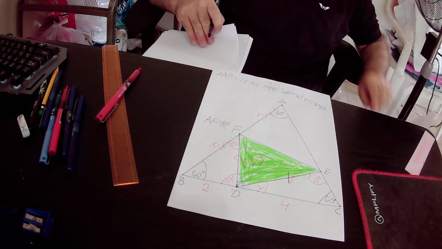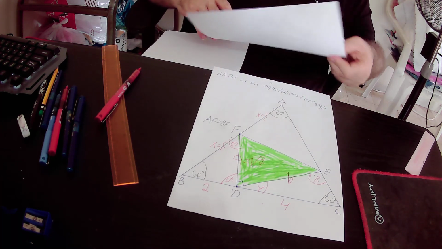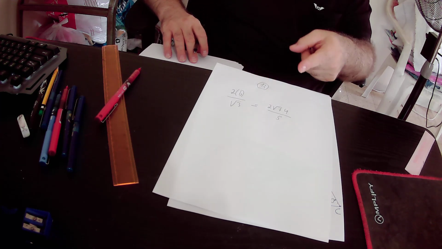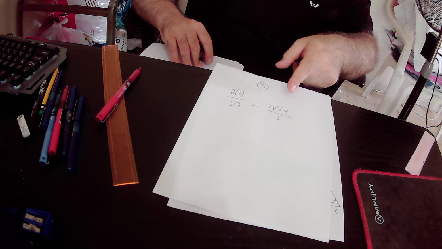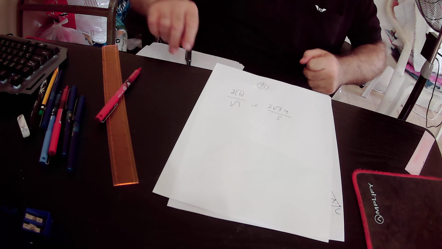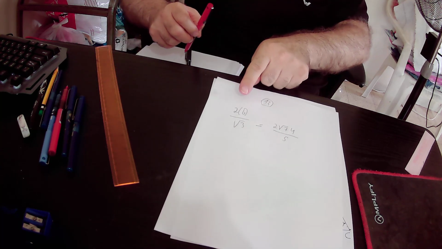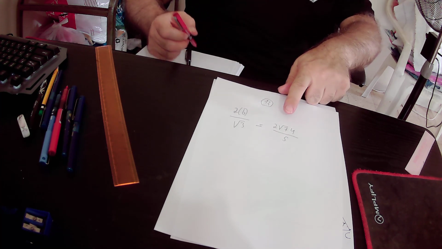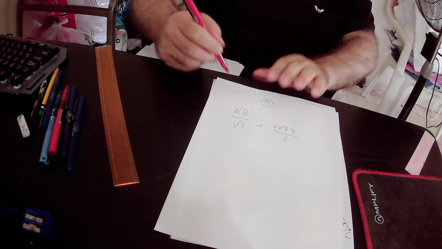So after we did the simple arithmetic, we got that 2 times b over root 3 equals 2 times root 7 times 4 over 5. Here we have 2 in the numerator of this side of the equation, and we have 2 in the numerator of the other side of the equation, so we can cancel 2.